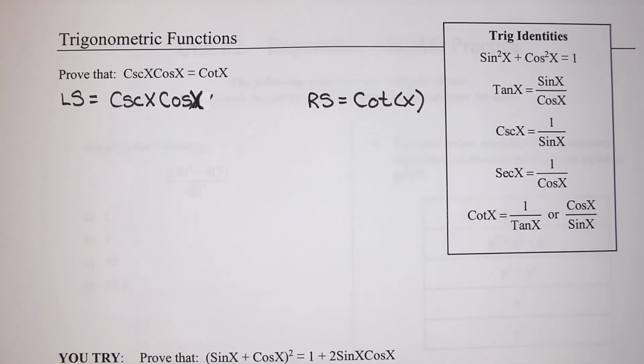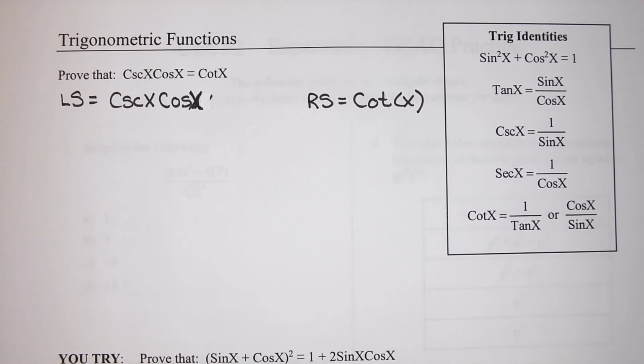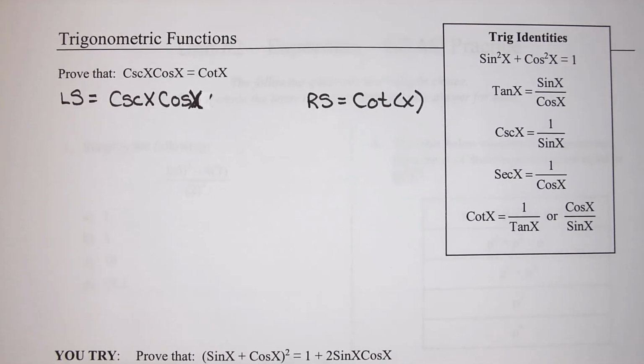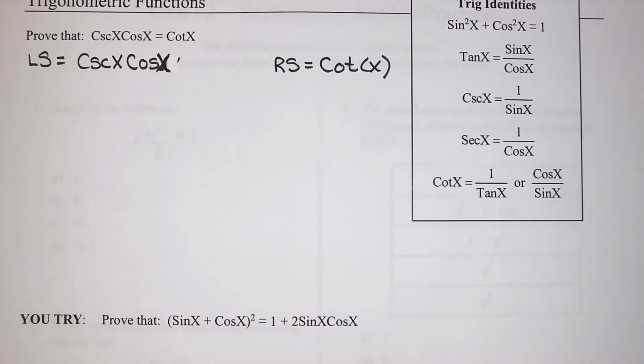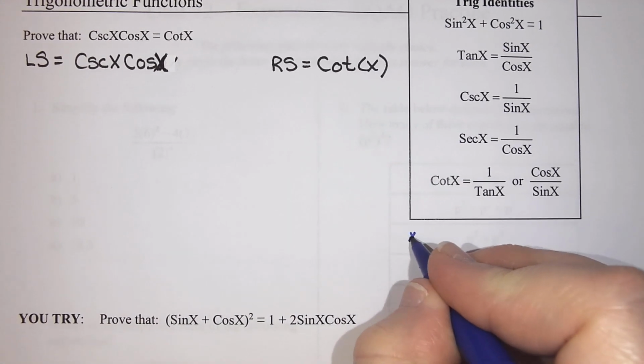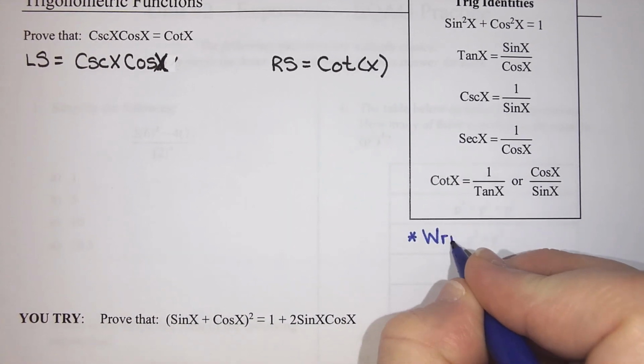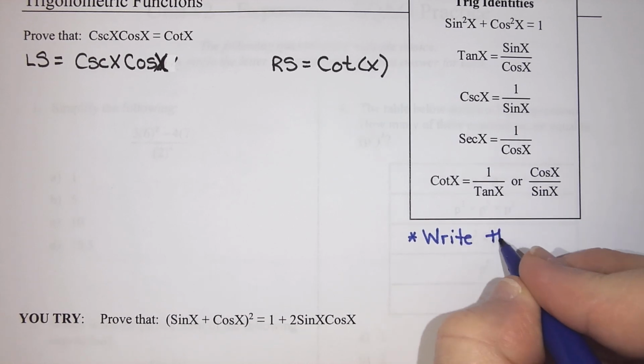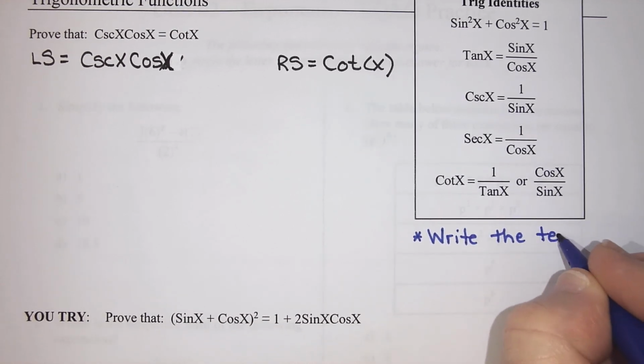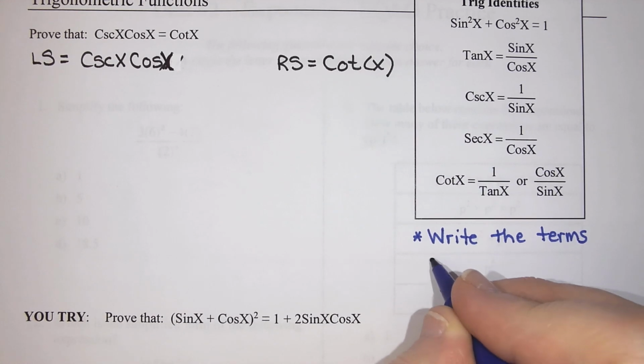So there's a couple of things that I try to do when I'm dealing with a trig identity. And the very first one that I find is often successful, not always, but often, is to try to write everything in terms of sine and cos. So I am going to make a little note underneath here that one of my go-to strategies is to try to write the terms using sine and cos.